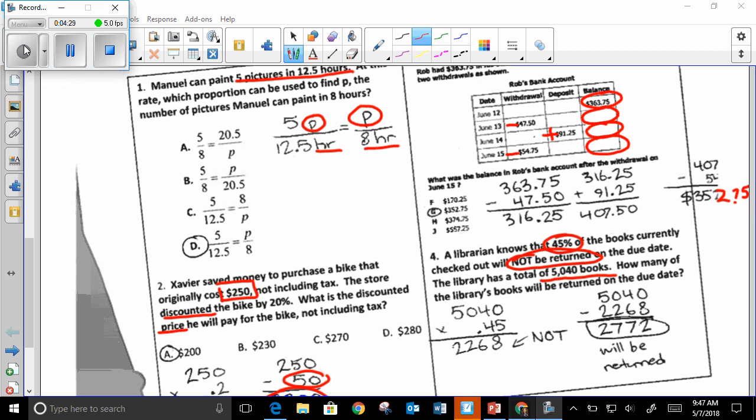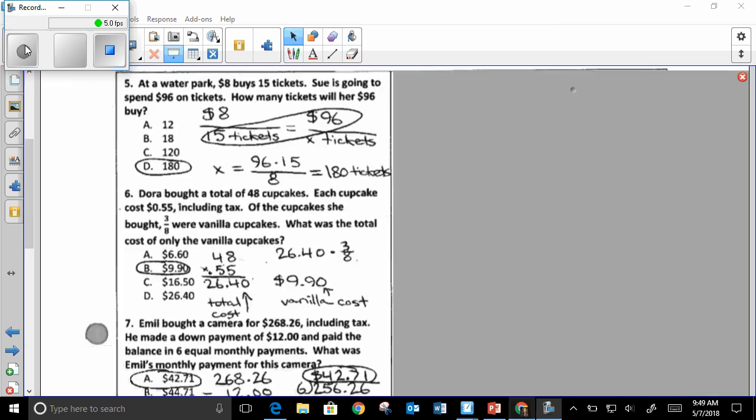So if you have 5,040 books here, 45% of them will not be returned. Now you're looking at 2,268 books. You're then going to take that from the total here, 5,040, subtract, and this is how you would get the total. 2,772 will be returned.